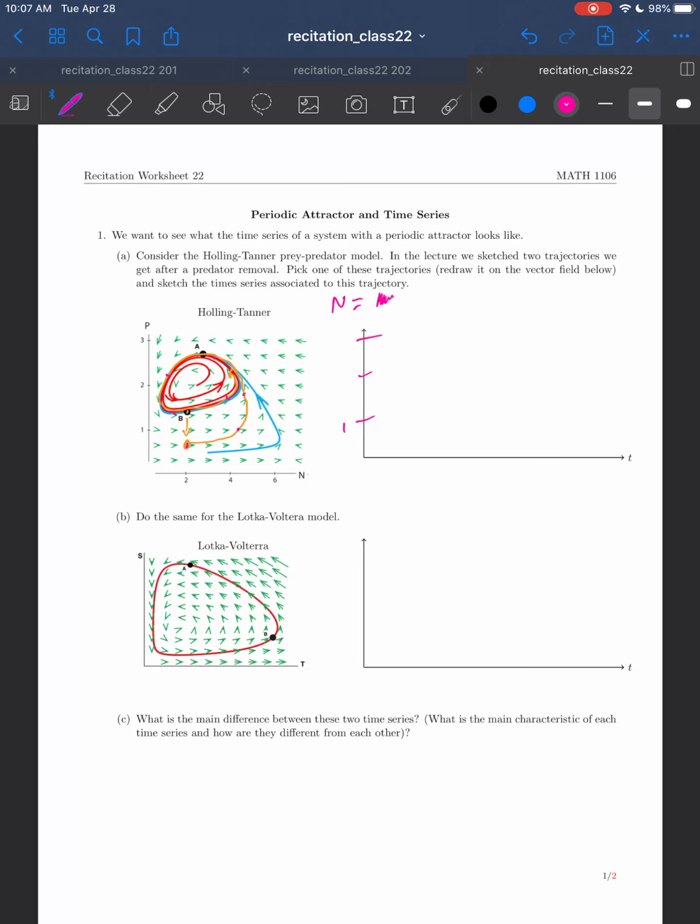So let's say we go 1, 2, 3 like this, and we're actually going to want to go all the way up to 6. So let's say 3, 4, 5, 6.